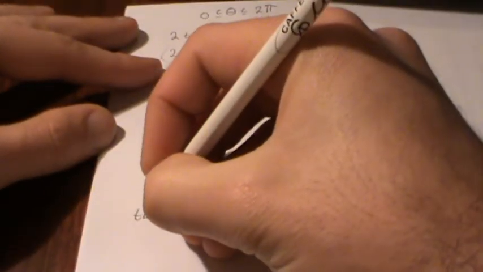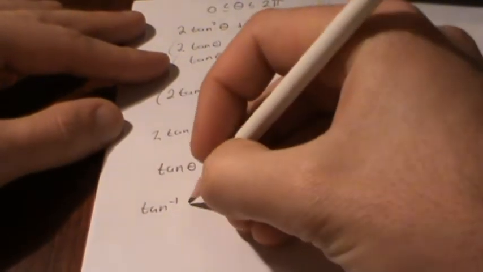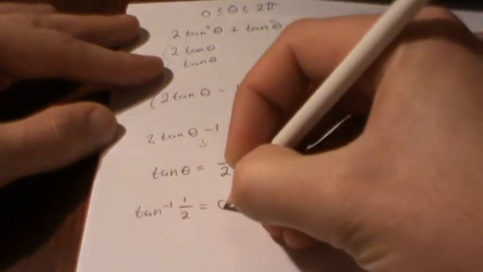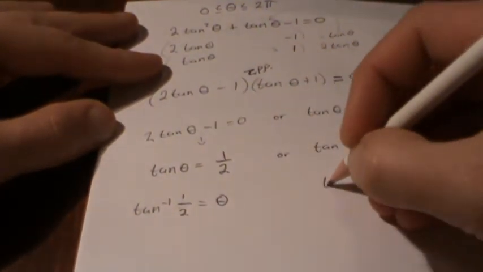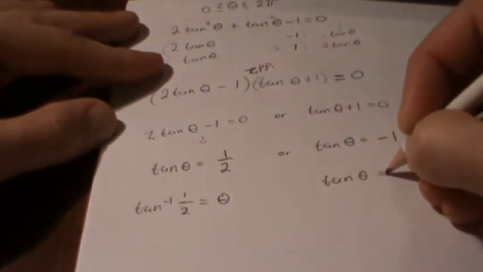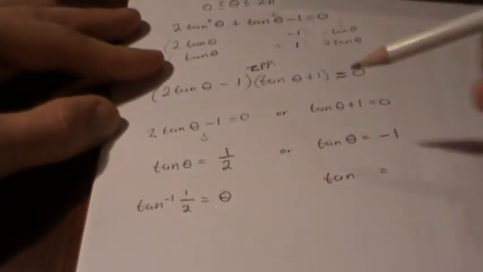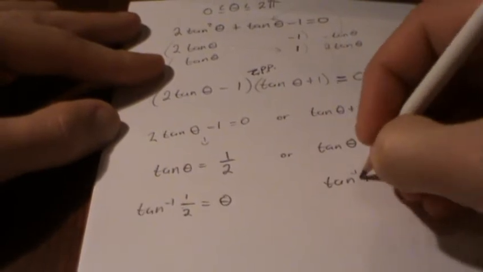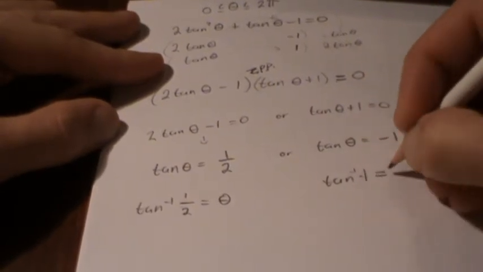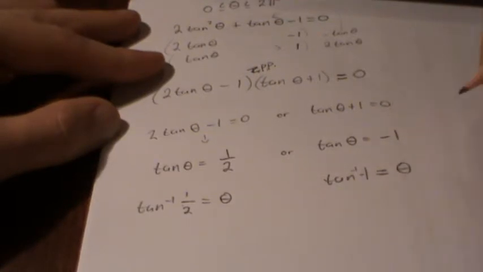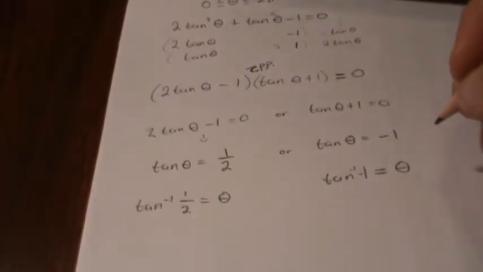Now I would say tangent inverse of 1/2 is equal to theta, or tangent inverse of -1 is equal to theta.